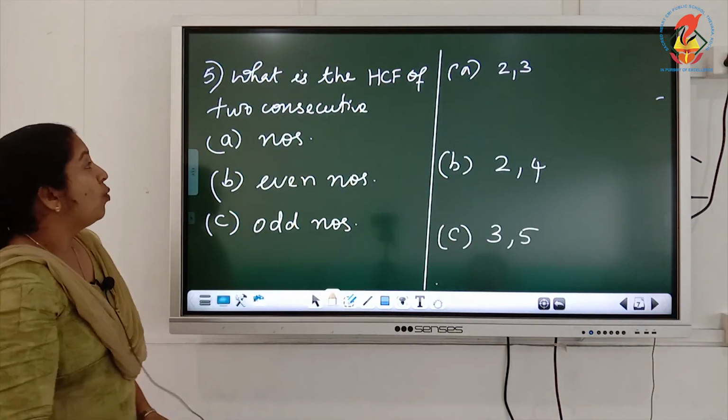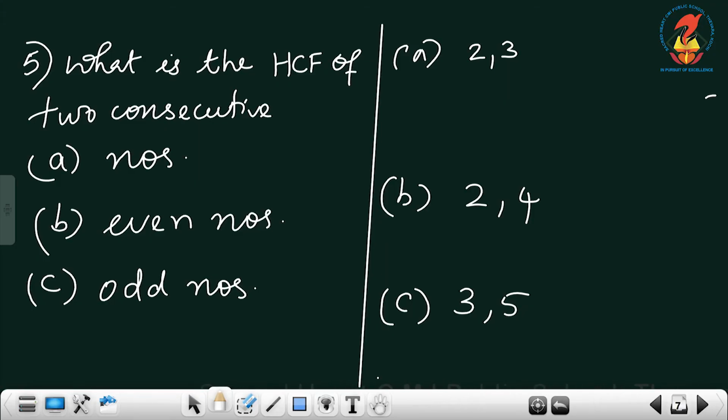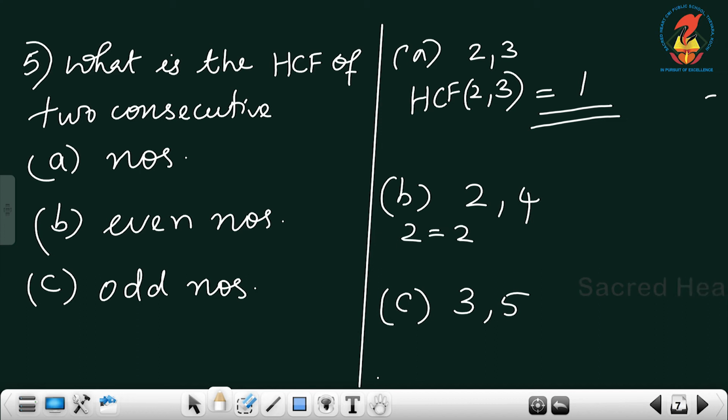Next question, what is the HCF of 2 consecutive numbers? HCF of any 2 consecutive numbers. We can take 2 and 3. What is the HCF of 2 and 3? Here 1 is the only common factor among these. So we can write HCF is equal to 1. Then 2 and 4, 2 consecutive even numbers.